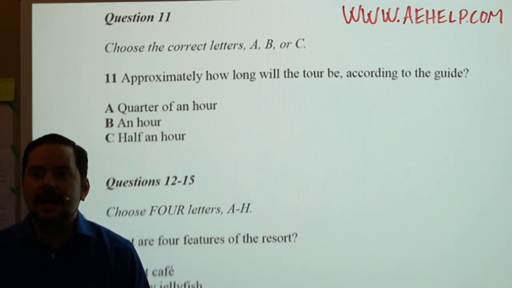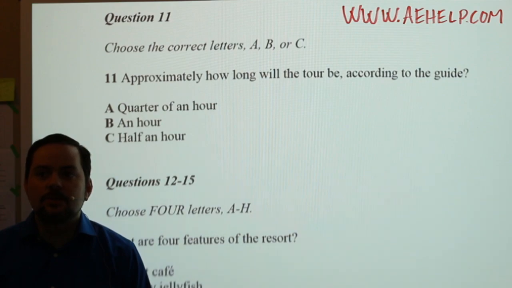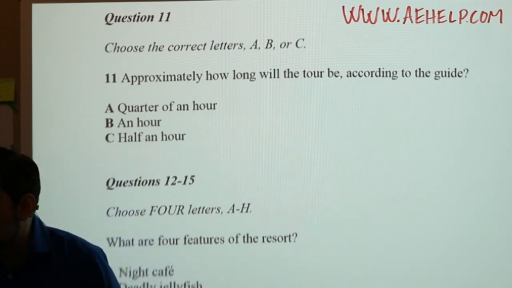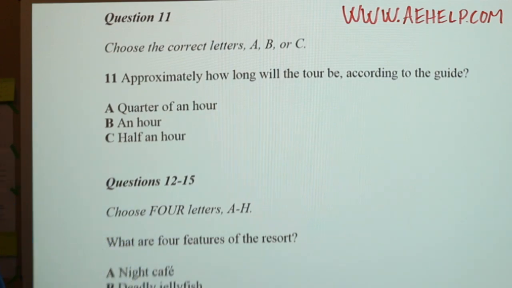Okay, there's a guide, there's a resort, there's a tourist guide. You guys are getting the right idea. It's a tour and there's a guide. What is the tour guide showing to the tourists? That's an important one here. Facilities of what, Anwar?